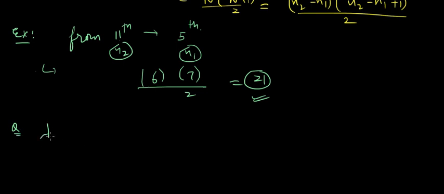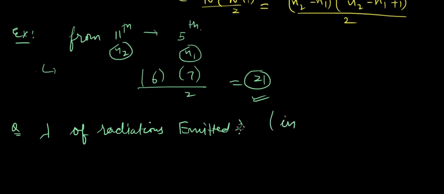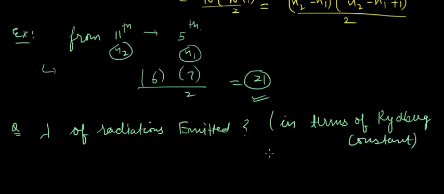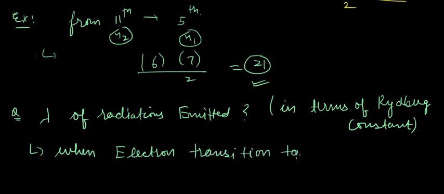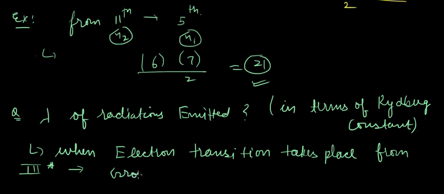You have to calculate the lambda of the radiations emitted, in terms of R, the Rydberg constant, when the electron transition takes place from the third excited state to the ground state of He plus.